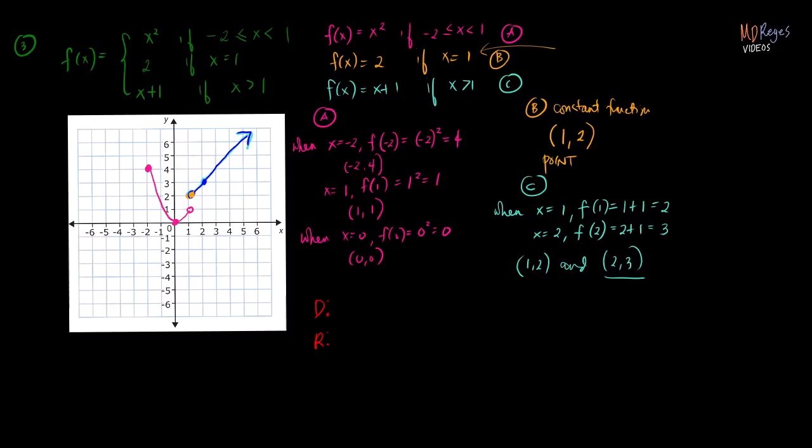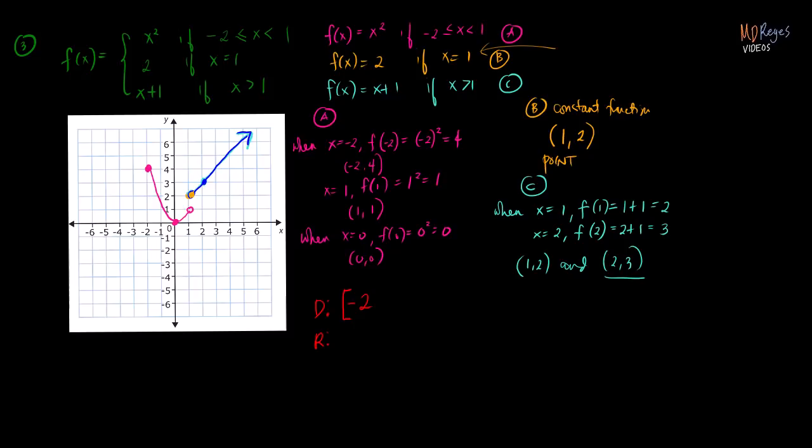So the leftmost point on the graph happens at -2, and this point is shaded, so -2 is included. The leftmost point happens at -2, which is included.